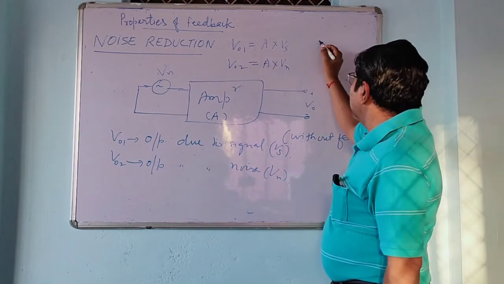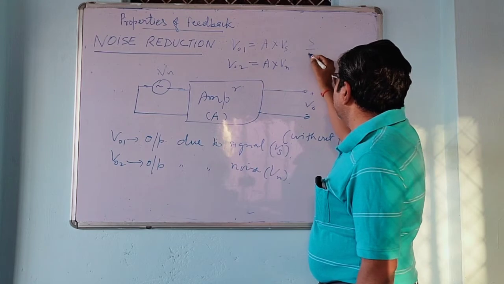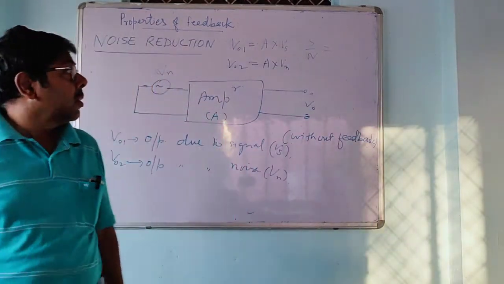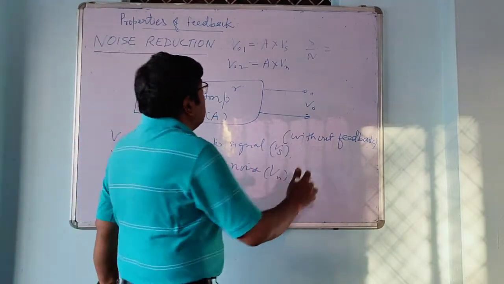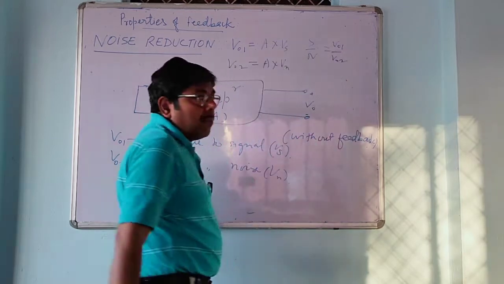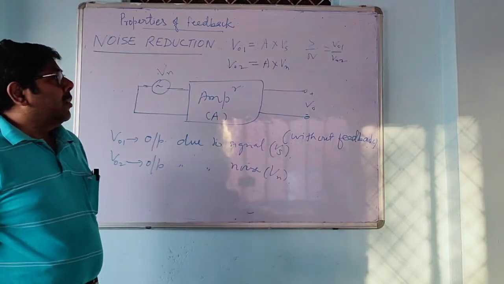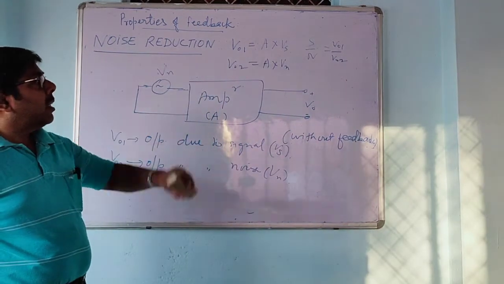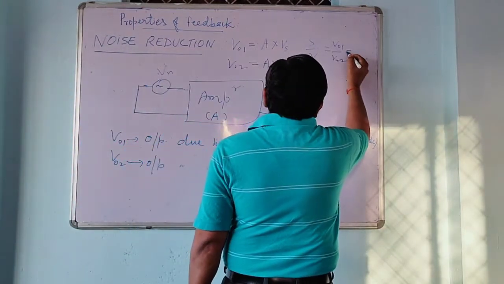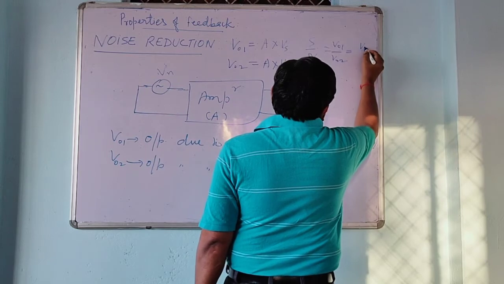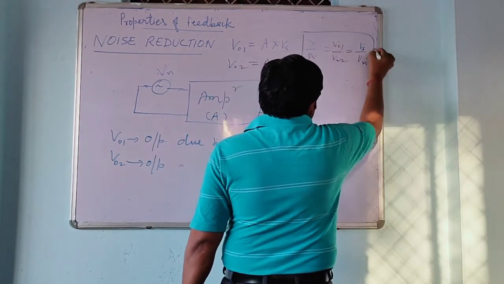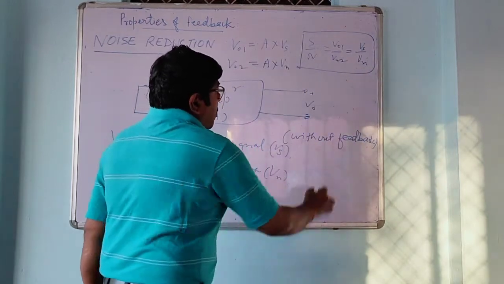So what is the signal to noise ratio at the output? Signal to noise ratio is V01 upon V02, means output due to signal part and output due to noise part. And what is this? This is Vs upon Vn. So this is the signal to noise ratio without feedback.